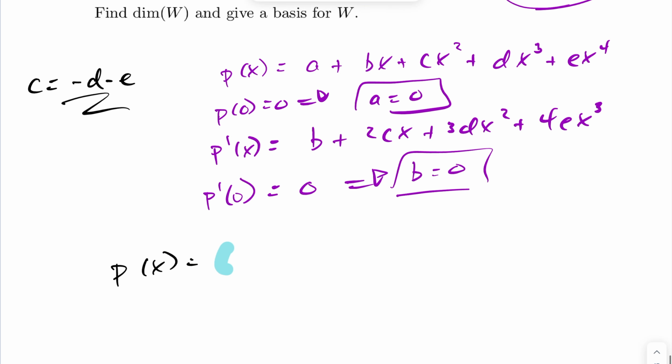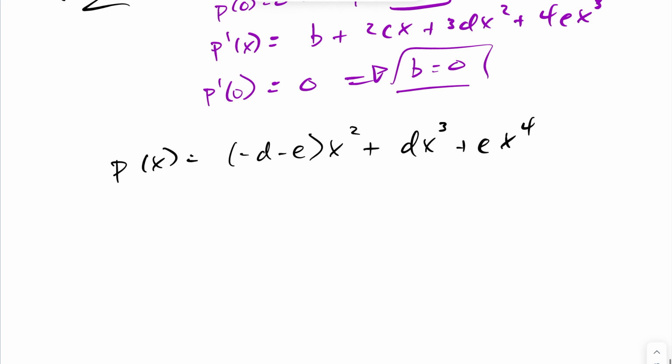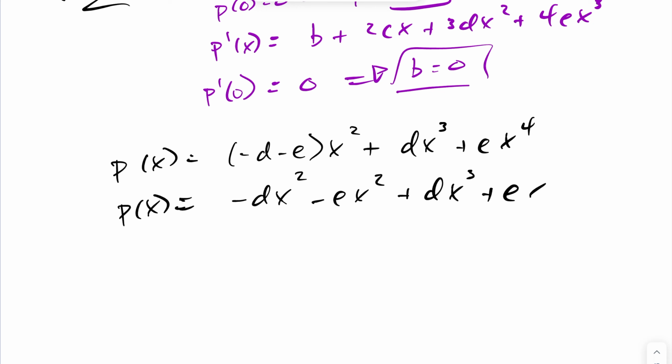I can get rid of that c and write that as negative d minus e times x squared, plus d times x cubed plus e times x to the 4. If I rearrange this in terms of coefficients, this will be negative dx squared minus ex squared plus dx cubed plus ex to the 4th.